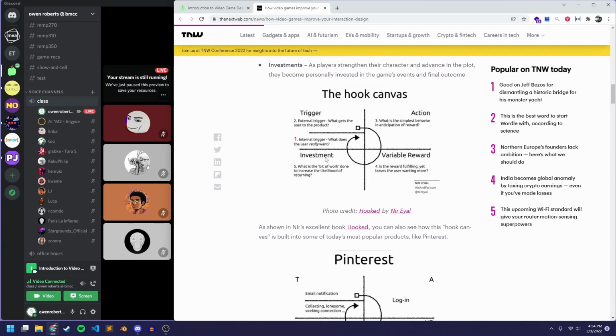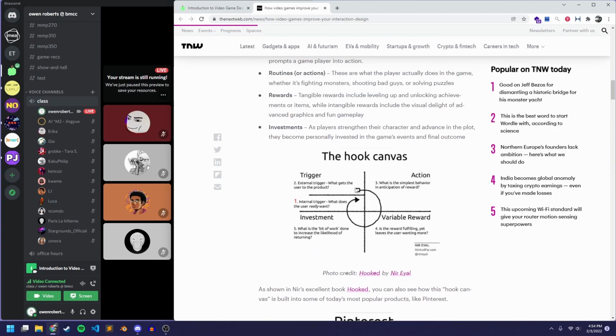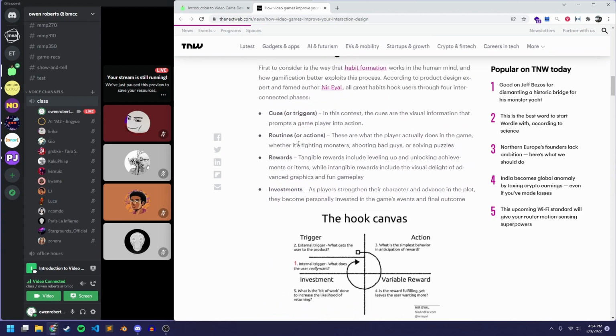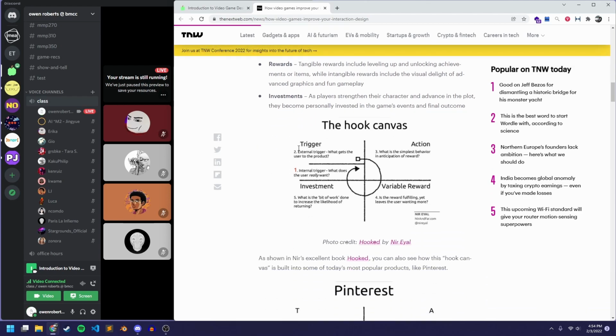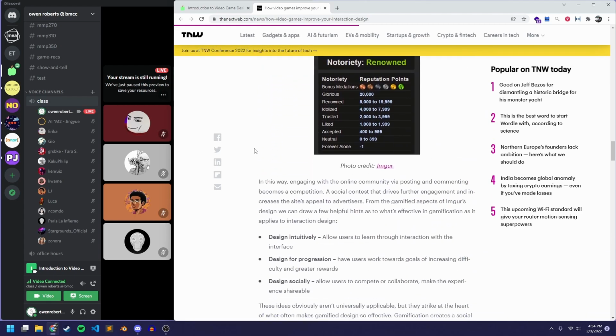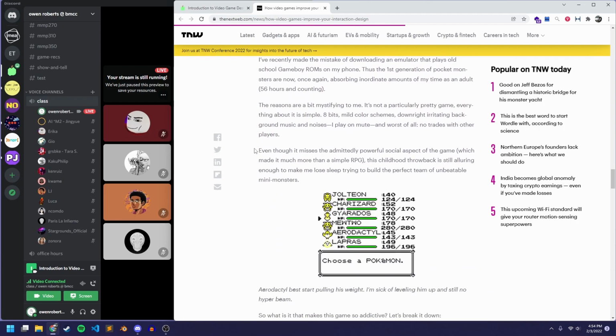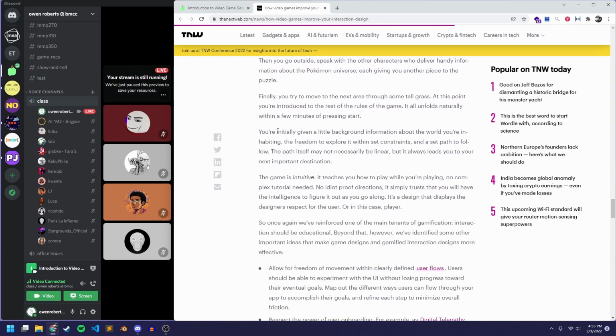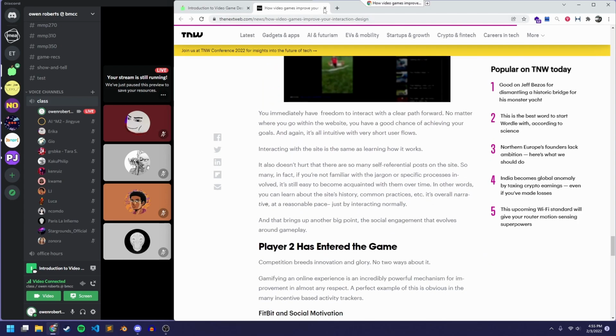And they have this interesting model of feedback loop and rewards. So it's interesting talking about gamifying design using some different game design concepts.